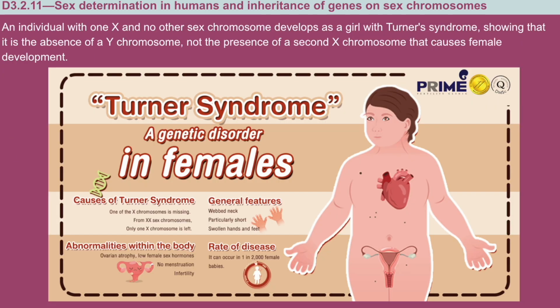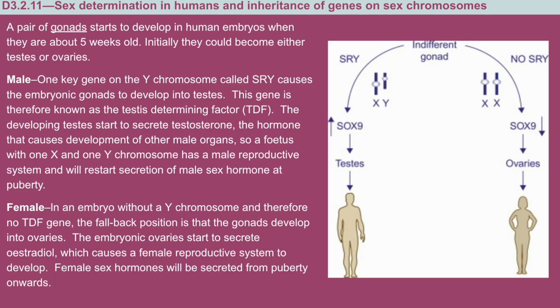Another example would be an individual with 1 X and no other sex chromosome due to non-disjunction, who would develop as a girl with Turner syndrome. Okay, so how does sex determination occur? At just about 5 weeks old, a human embryo will start to develop a pair of gonads.